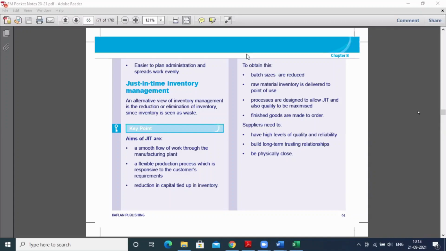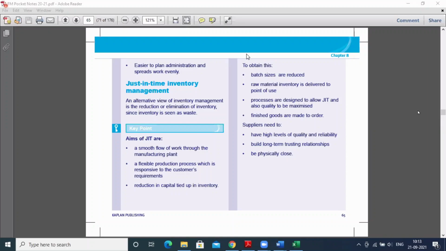I already mentioned that just in time mainly focus that inventory level should be minimized. So because they believe, as per the concept of just in time, it clearly says that a significant amount of capital can be minimized. It means that capital tied up in the inventory will be minimized. So in order to obtain this, batch sizes are reduced and raw material inventory is delivered to point of use.